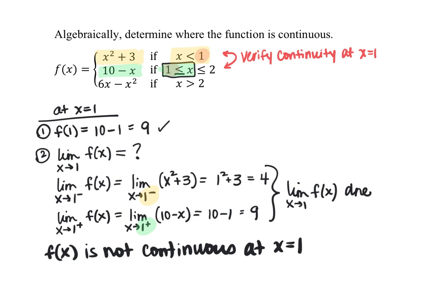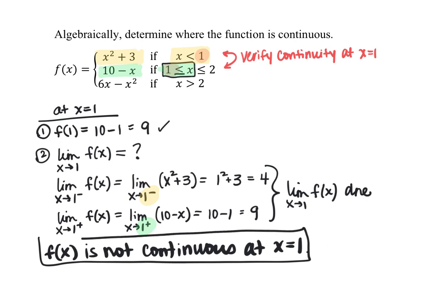Without graphing the function, we were able to determine that f of x is not going to be continuous at x equals 1 because the limit does not exist as x approaches 1. So now we need to take a look at the second and third pieces, these 2 here.